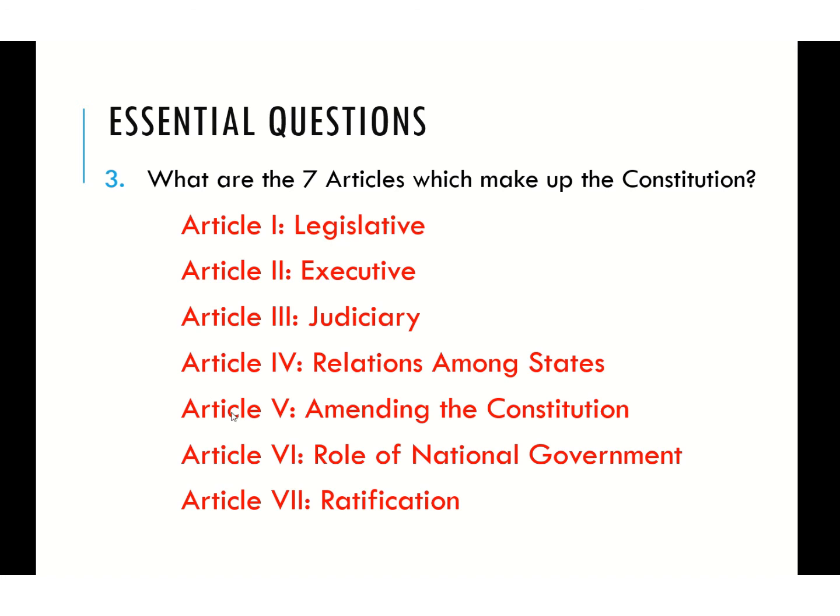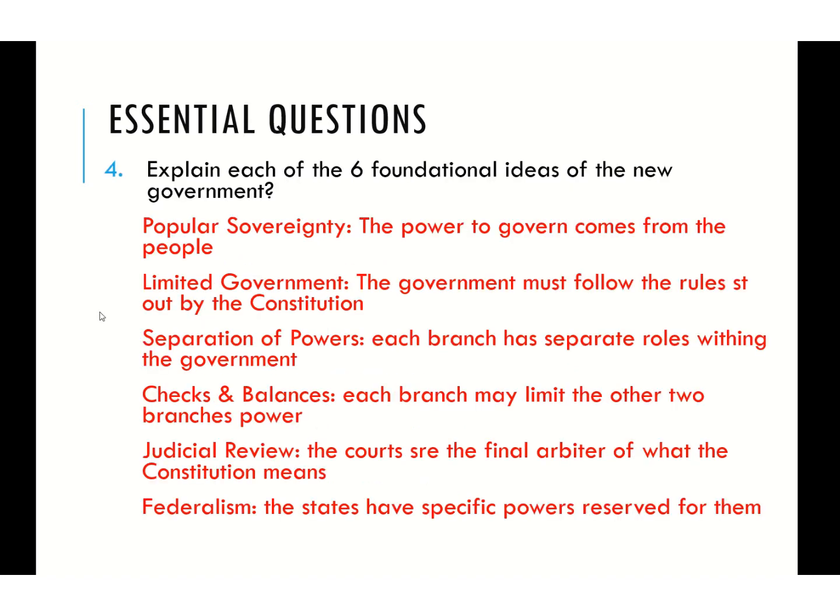We'll be doing an assignment later in the week to understand that even more. And finally, here's our foundational ideas: popular sovereignty, limited government, separation of powers, checks and balances, judicial review, and federalism. Please make sure that you're familiar with these terms, as you will be tested on them later in the week.